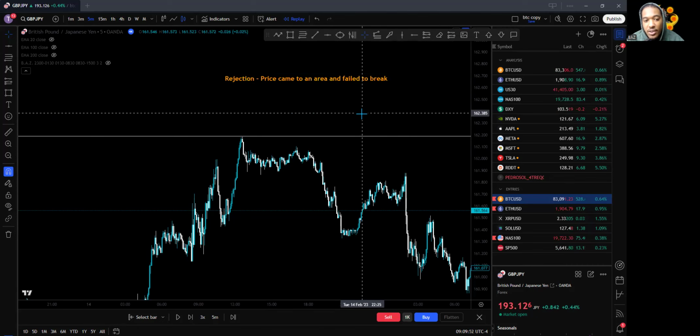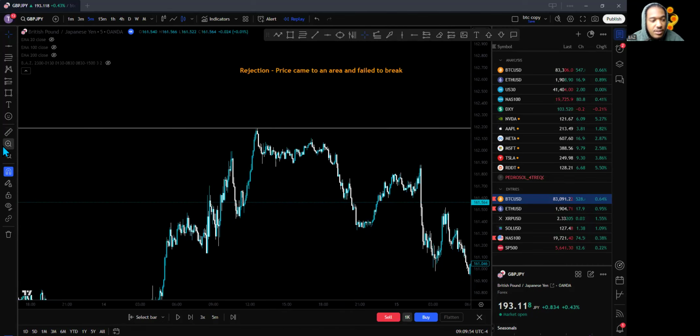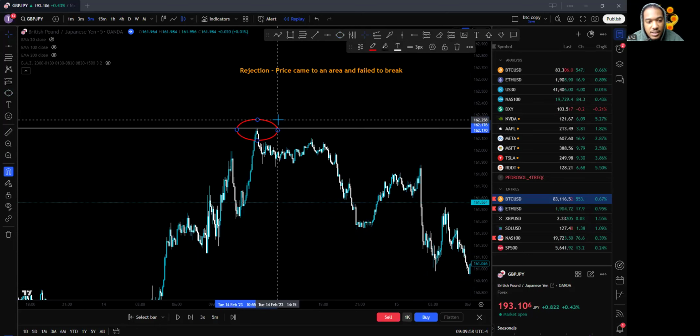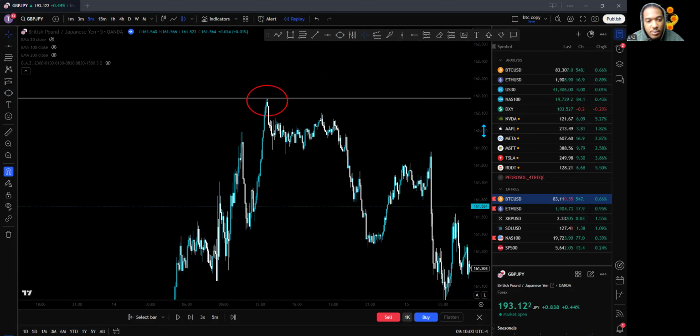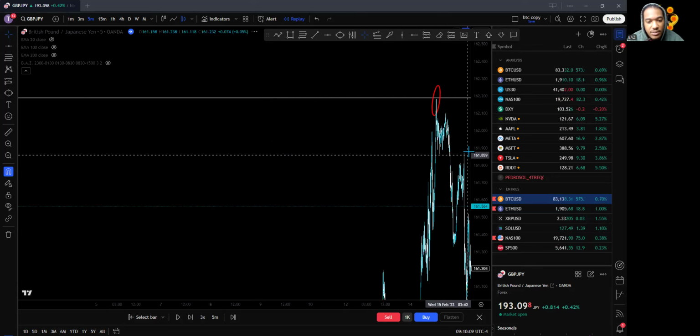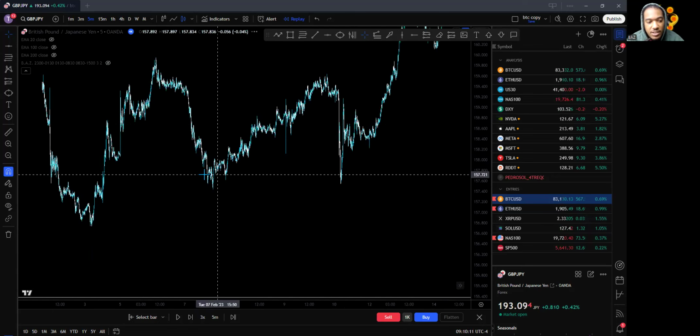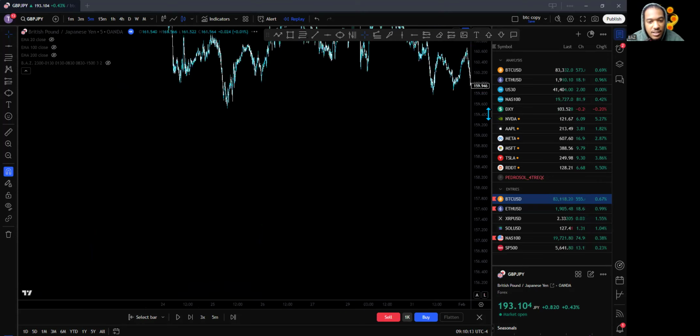So looking at this right here, this is a rejection. Price came right up here to the top of our box and then it failed to break this area and came back down.